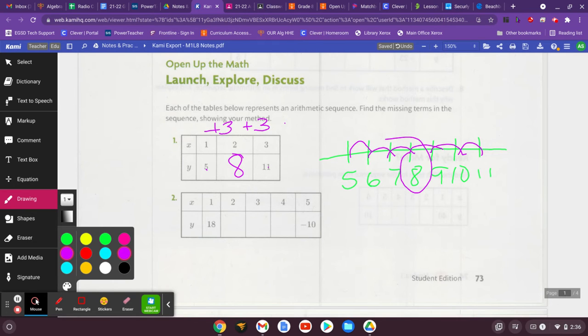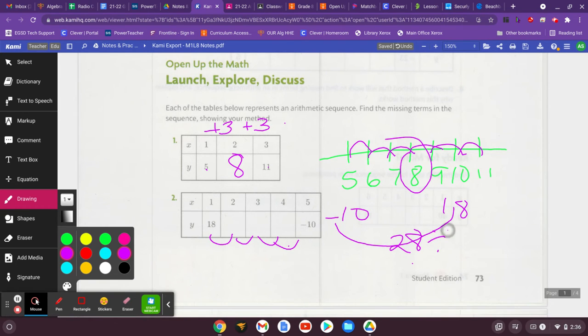Here I've got 18 to negative 10. The whole jump from negative 10 to 18 is 28. I have 3 boxes, so let's try dividing by 3. Well, 28 doesn't divide by 3 evenly. What if I notice that I have 1, 2, 3, 4 jumps?